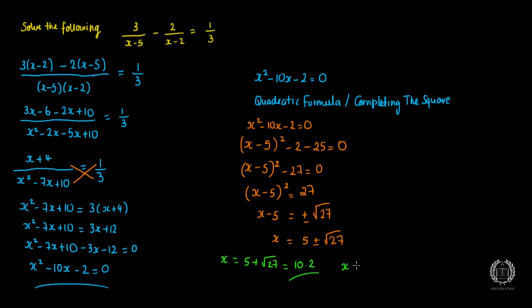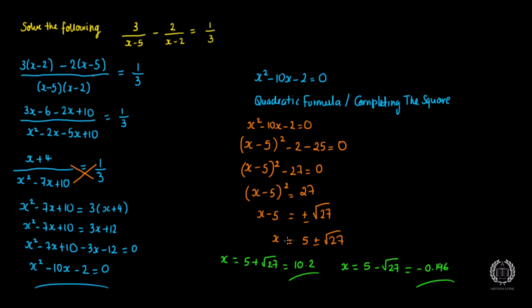And then the other one is x equals 5 minus square root 27. If you do 5 minus square root 27 in your calculator, that should give you minus 0.196, again to 3SF. And that is how you get the answer for this question.